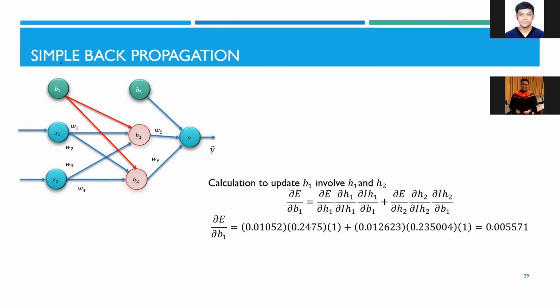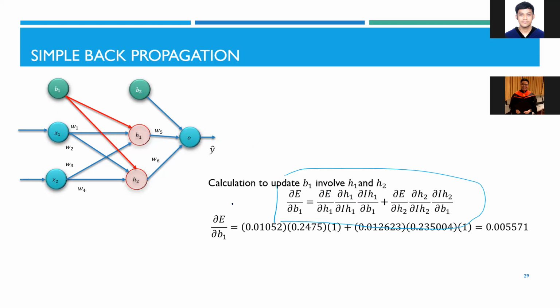But remember, bias 1 is connected to H1 and H2, so we have to do a combination like this. From E, derive to H1 first, and then H1 to the input of H1, plus E derived until H2, and then H2 over the input of H2, and then sum.